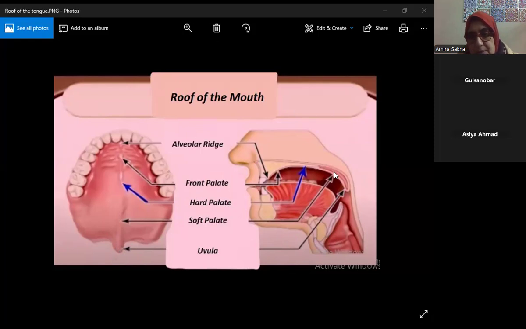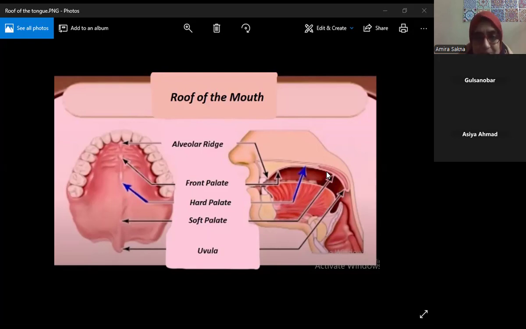This area is the soft palate. The uvula is simply the last part of the soft palate. And then the hard palate. This is called the hard, the bony part.